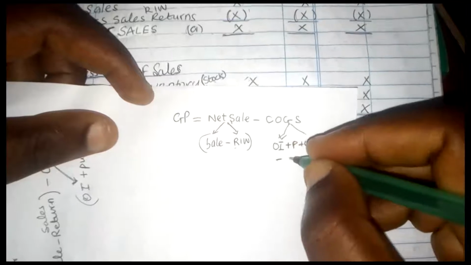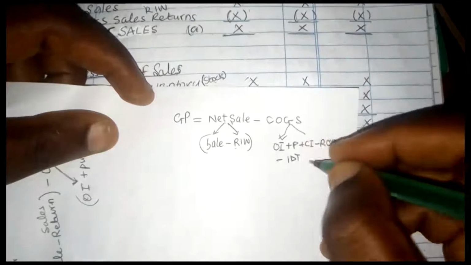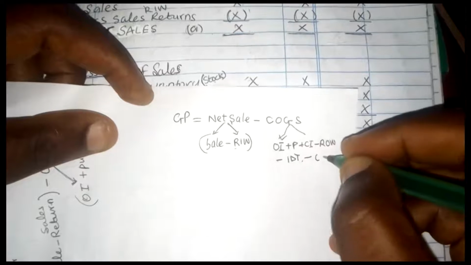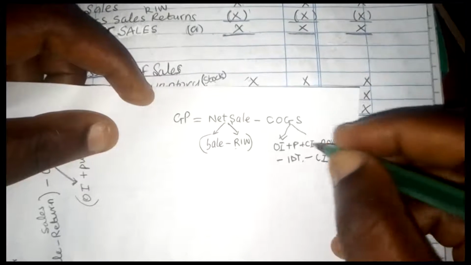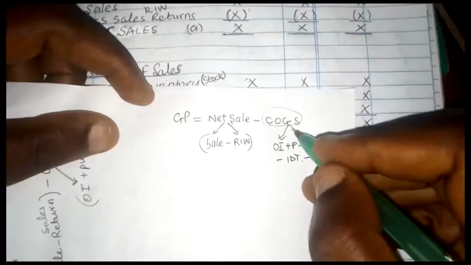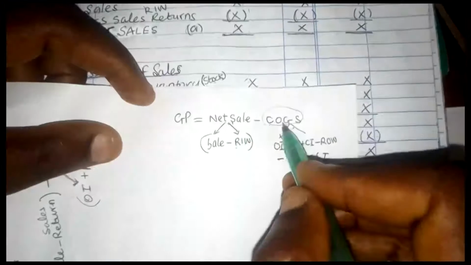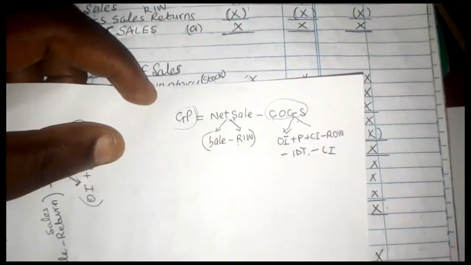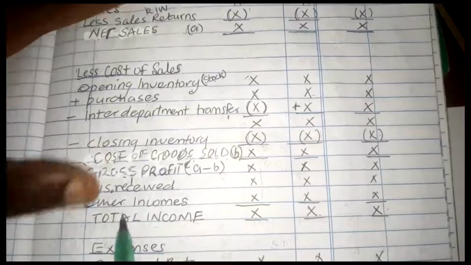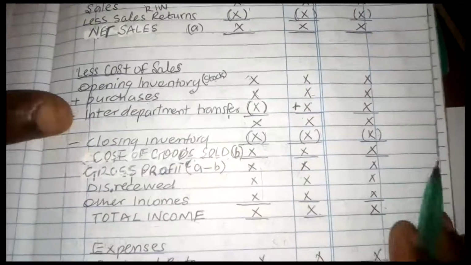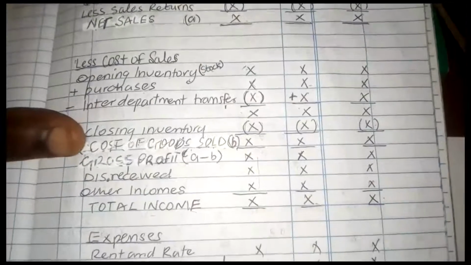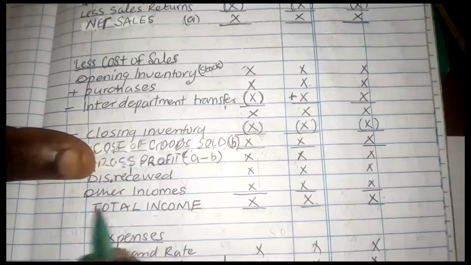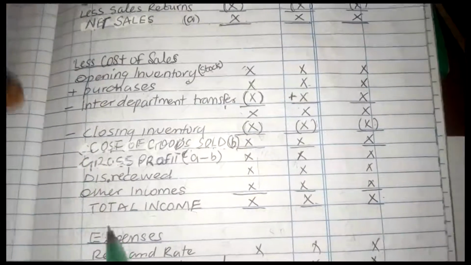You minus your interdepartmental transfer, then you minus your closing inventory. That's the closing stock. It will give you the cost of goods sold. Then when you subtract this from the net sales, you have the gross profit. So that's how we normally get our gross profit. It's something you are familiar with. Then you add your discount received as usual, and other incomes. It will give you the total income.